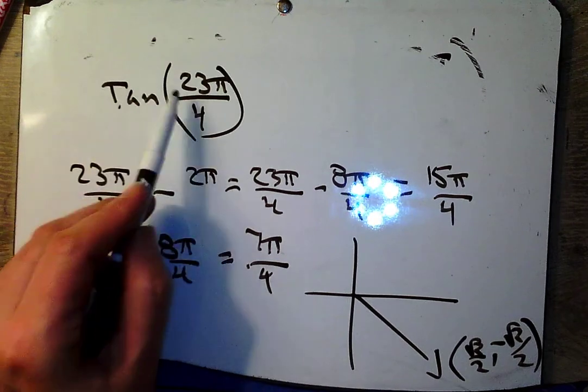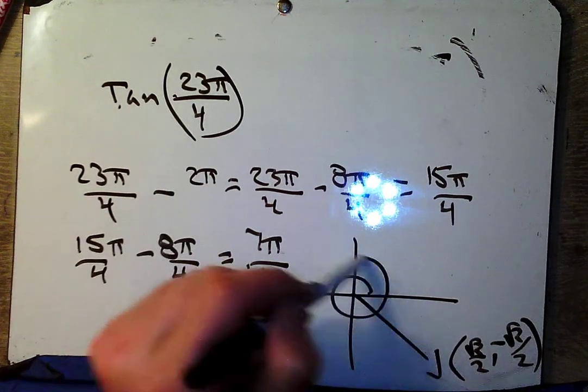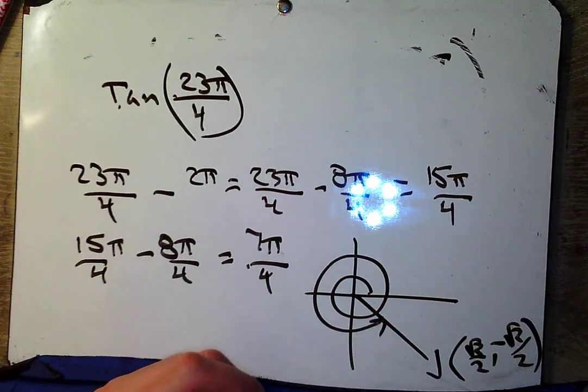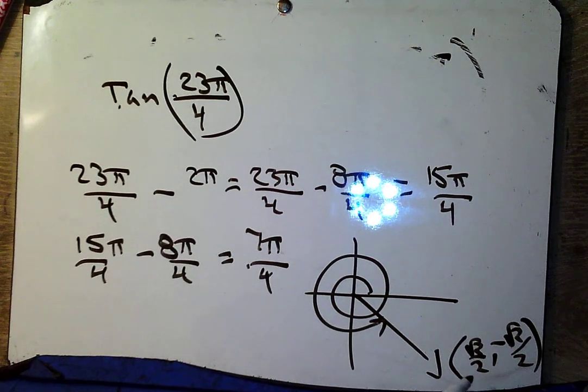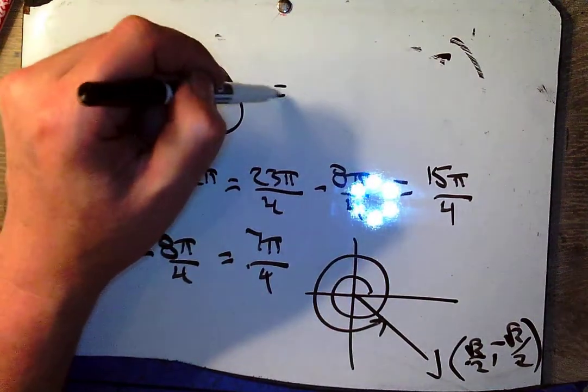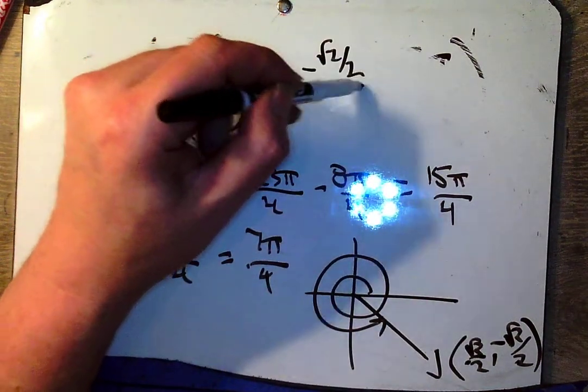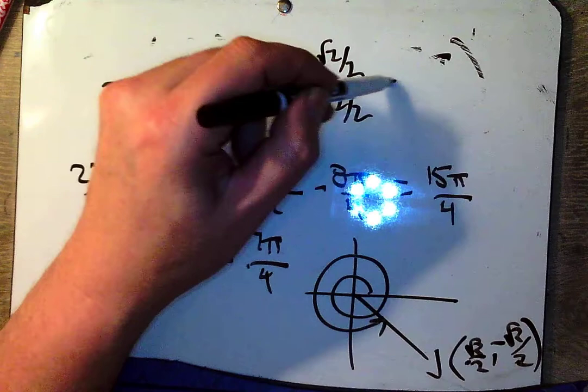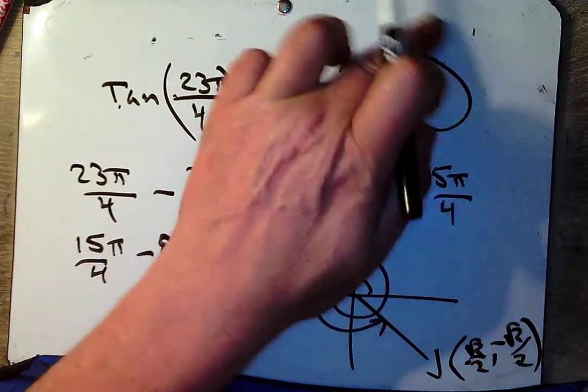I want to know the tangent of that angle. Well, the tangent of that angle is y over x, or opposite over adjacent. And so that's going to be negative root 2 over 2 over root 2 over 2, which is negative 1.